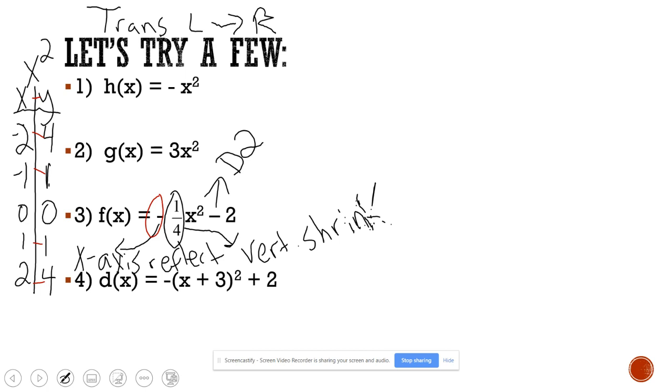To do our vertical shrink, we're taking our y values and multiplying them by 1/4.